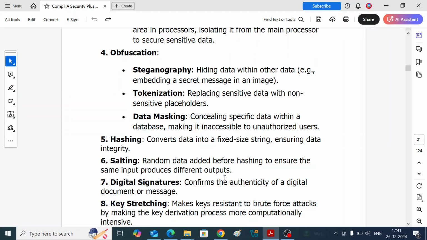That's why tokenization is used. For data substitution, sensitive data elements like a credit card number, as I said, are replaced with a randomly generated string of characters called tokens.